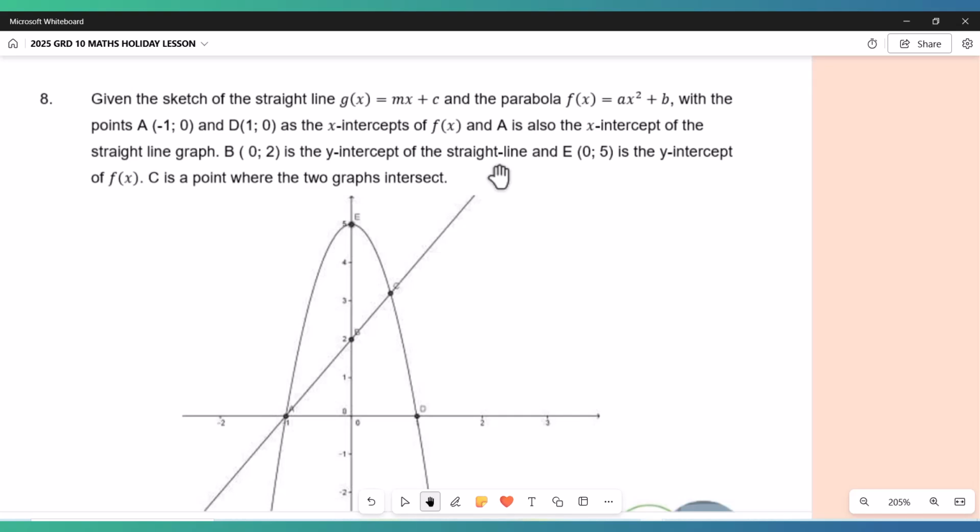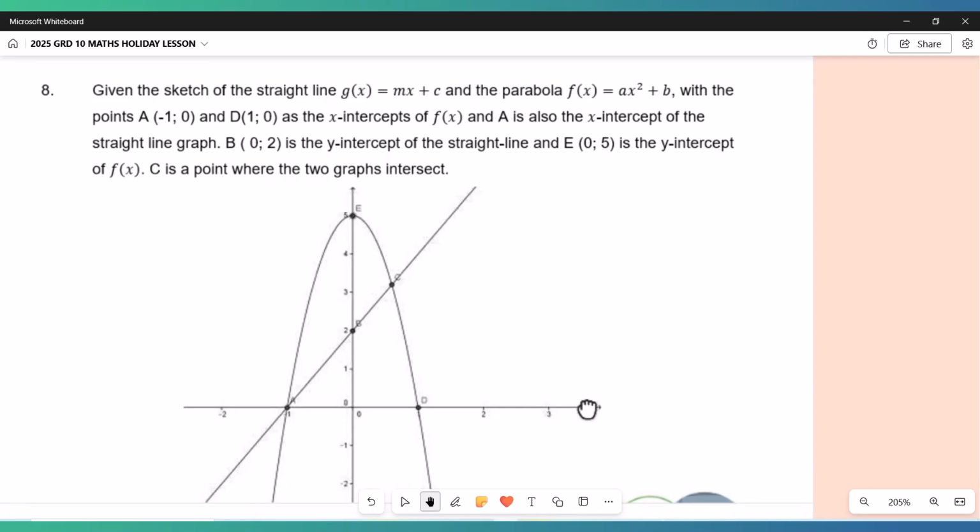This A is also the x-intercept of the straight line graph. Then B, (0, 2), is the y-intercept of the straight line, and E is the y-intercept of the parabola. So C is the point where the two graphs intersect. They intersect at point C and point A, and that's what they want us to get now.